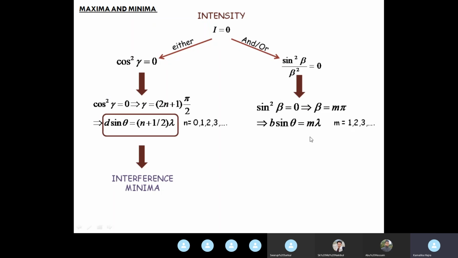So when you write this b sine theta equal to m lambda, you have to be aware that it is for m equal to 1, 2, 3, etc., not 0. You know, these small little things, often when we read from a book and there is no one to explain, these small little things sort of escape our realization, because in general it is not very important for us to realize that in this condition n equal to 0, 1, 2, 3, and in this condition m equal to 1, 2, 3, and the 0 is not there.